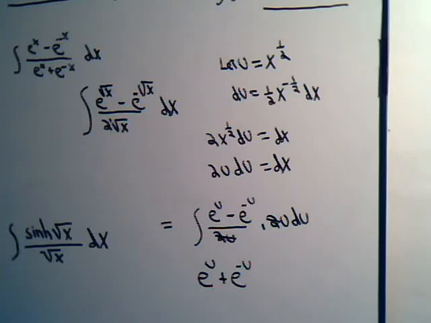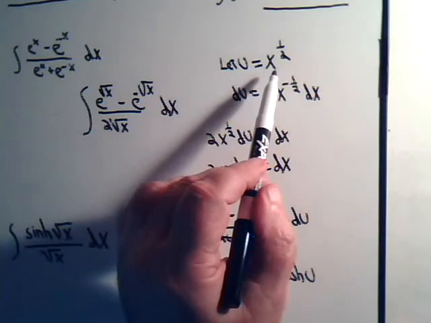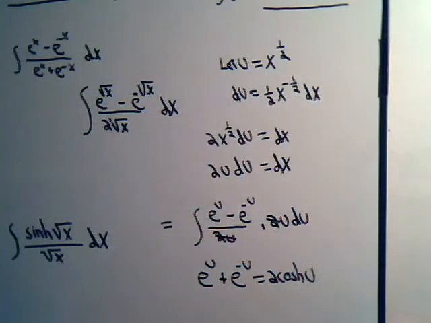And this equals, you can think of this as 2 times the hyperbolic cosine of u. But this is our substitution here, so finally this will equal 2 times the hyperbolic cosine of the square root of x plus a constant.